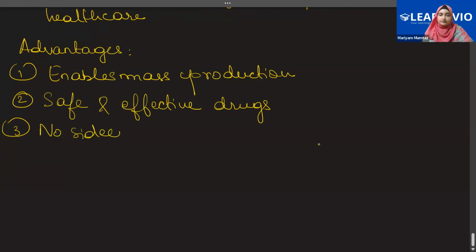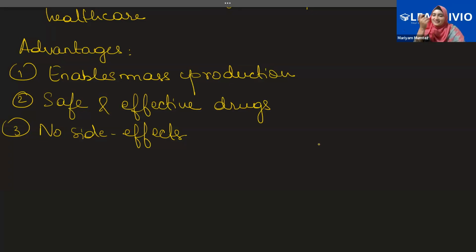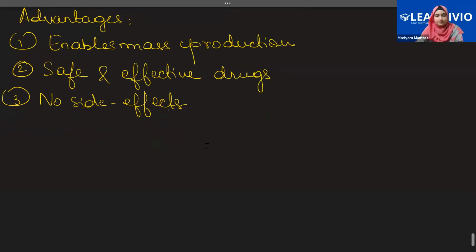Clear? What is the spelling of side effects? SIDE, effects. This is how you write? That also you don't know. Tell me if it's right or not. I think it's right.